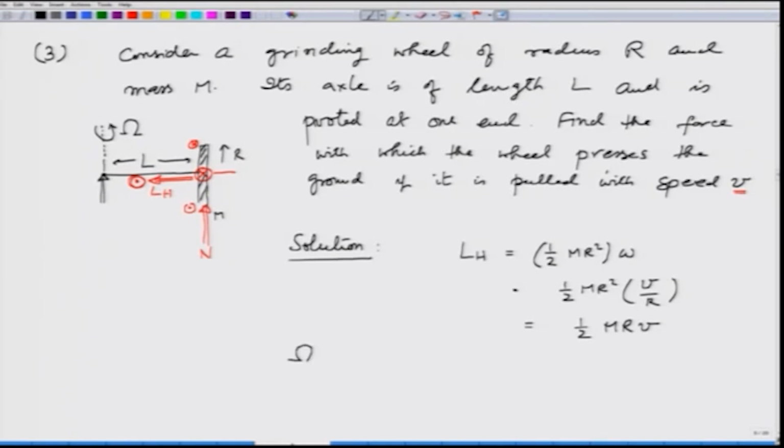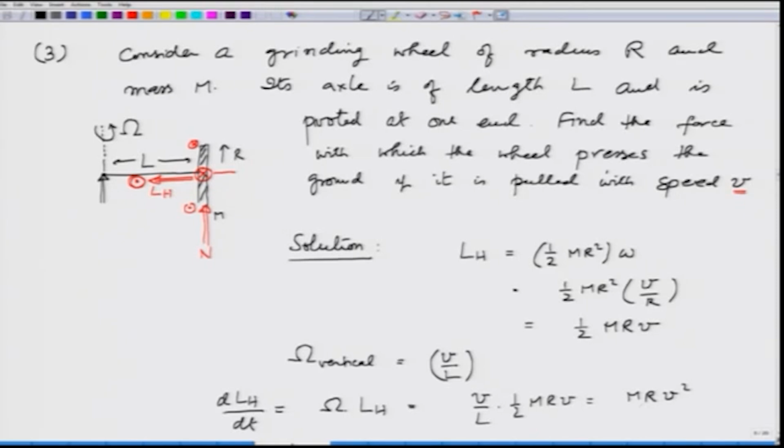This omega vertical is nothing but the speed of the center of the wheel divided by L. So, this is going to be V over L, and therefore, dLh by dt is going to be omega times LH, which is nothing but V over L times 1/2 mr v, which is mr v square over 2L.